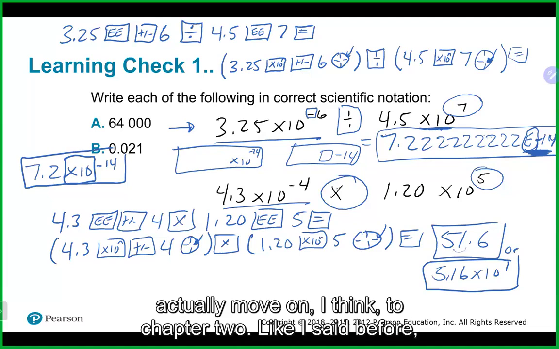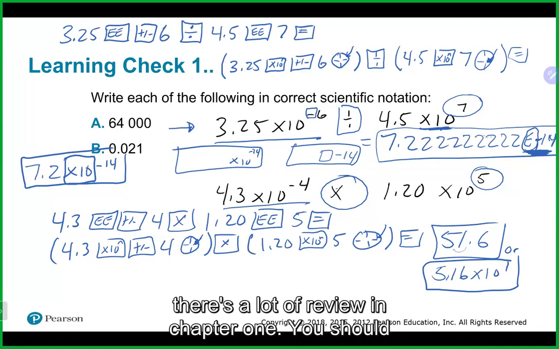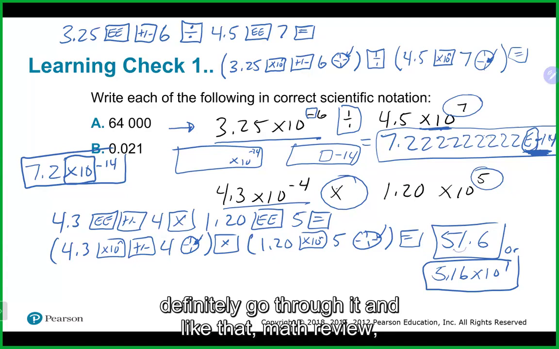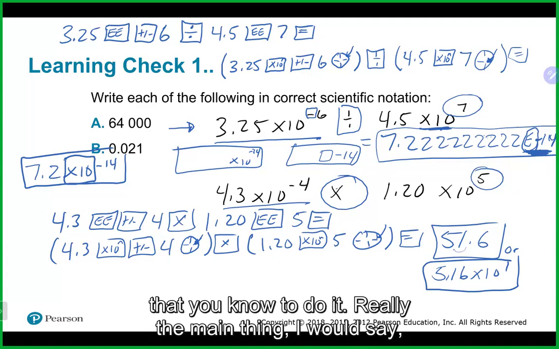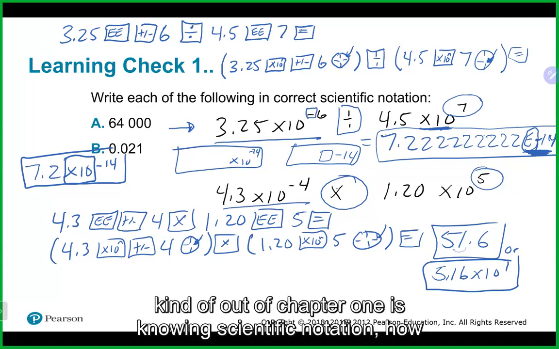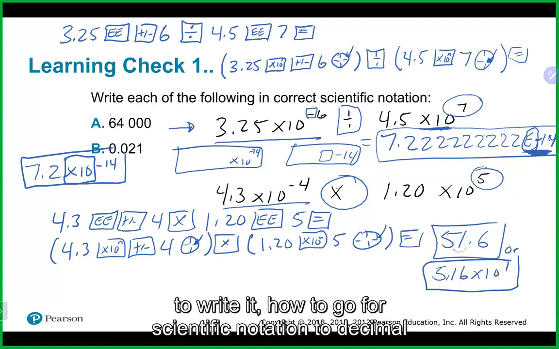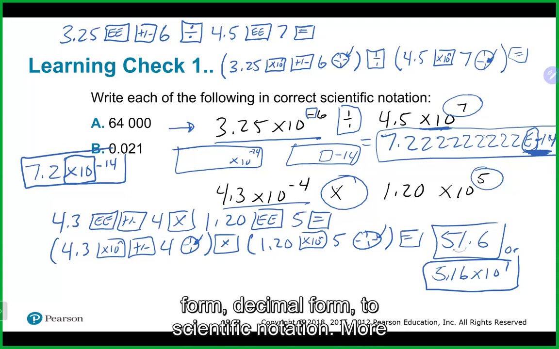So we're going to actually move on, I think, to chapter 2. And like I said before, there's a lot of review in chapter 1. You should definitely go through it. And like that math review, calculator type stuff, if that's helpful, definitely make sure that you know how to do it. Really, the main thing I would say kind of out of chapter 1 is knowing scientific notation, how to write it, how to go from scientific notation to decimal form to scientific notation.